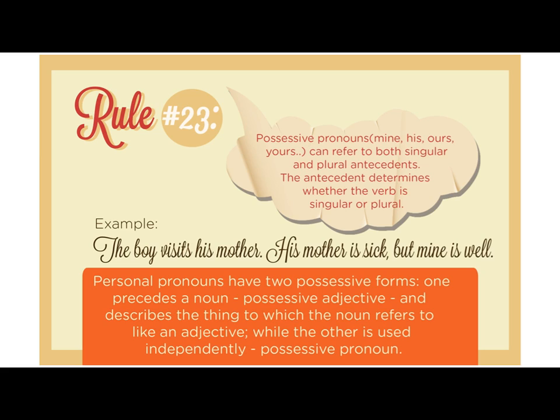His mother is sick, but mine is well. Personal pronouns have two possessive forms. One precedes a noun, possessive adjective, and describes the thing to which the noun refers like an adjective, while the other is used independently, possessive pronoun.